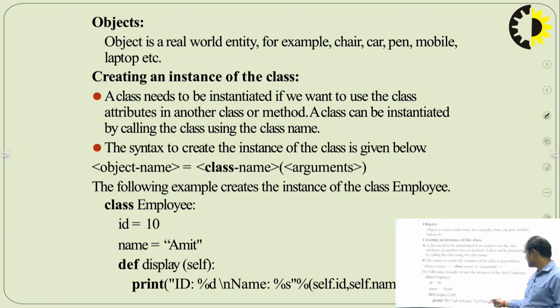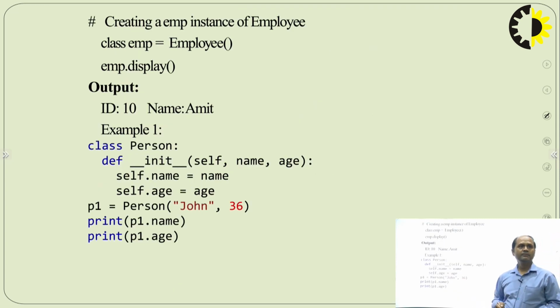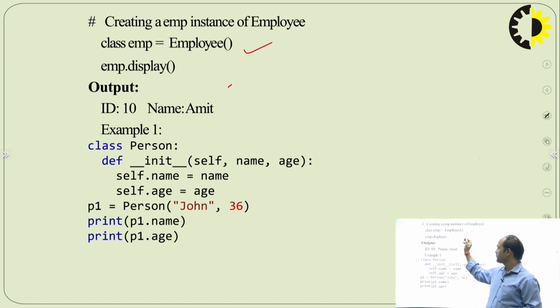We already saw this in the previous example. We can create the class of employee. Suppose we use the class employee name. This is called the function of employee. The first class output is ID is 10 and name is Amit.